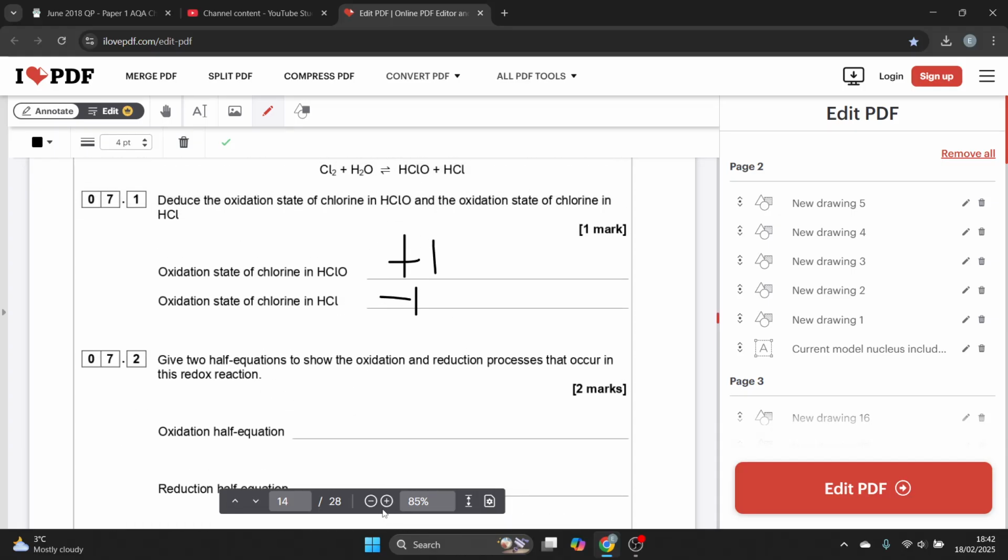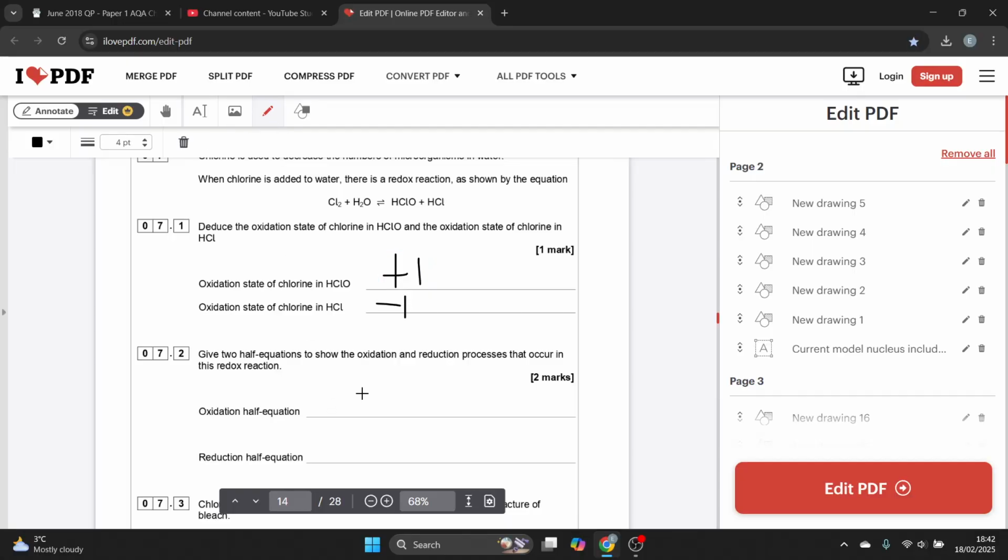So it's going to be Cl2, the oxidation, to a higher oxidation state, so HClO. I need a 2 here, and then I need a water molecule here, and then that is completely balanced.